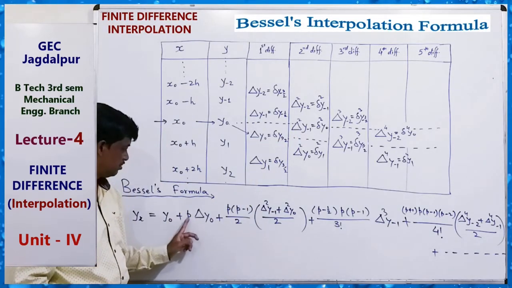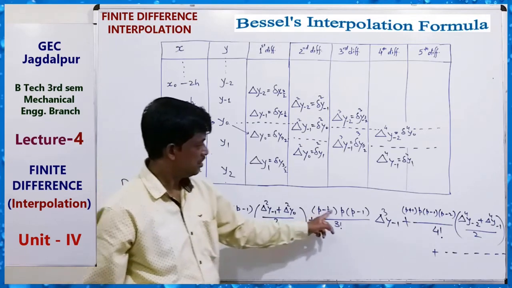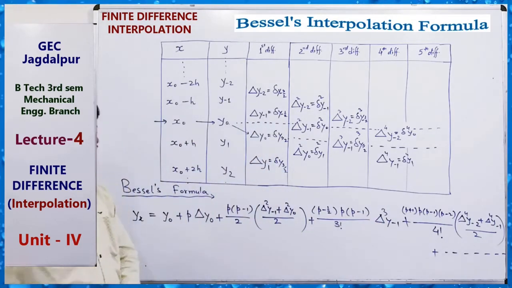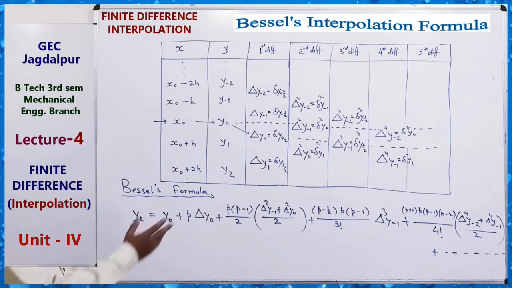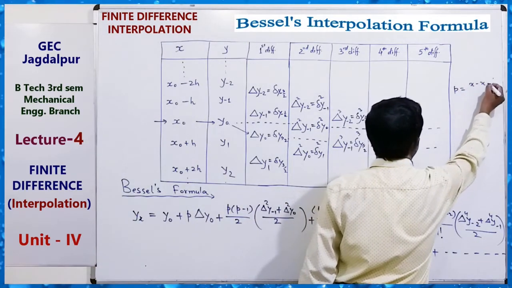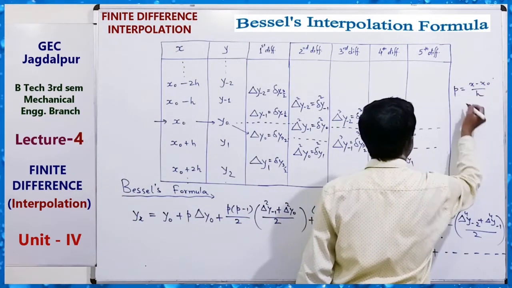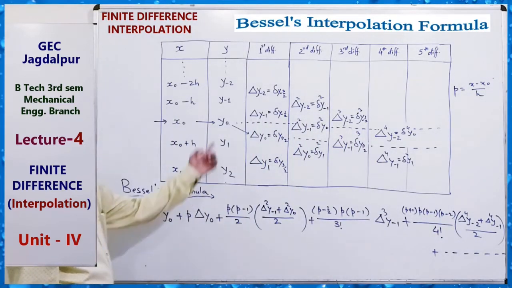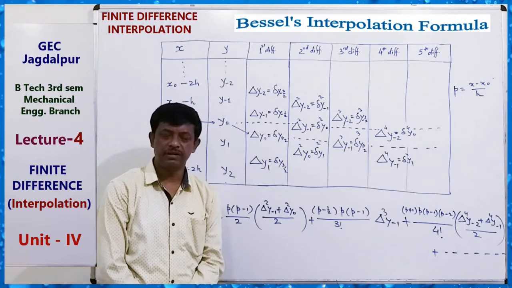The value of p is different from the Stirling formula. This is Bessel's formula. So note down this formula, okay? Very important. P is same as before. P equals x minus x0 by h. Clear? And the difference can be found from the table.